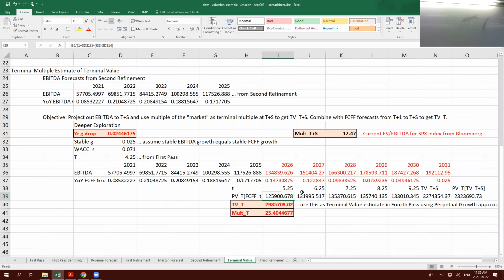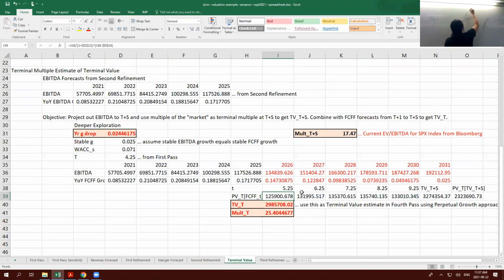But what am I saying? Let me be actually clear. I want to make sure we understand this. I'm trying to get terminal value at time 5. This is my T, right? And what I'm getting first is a terminal value at time 10, which is T plus S. How do I get this number in my second approach?